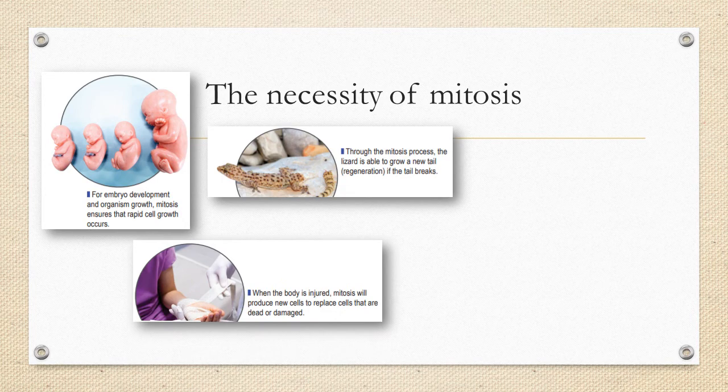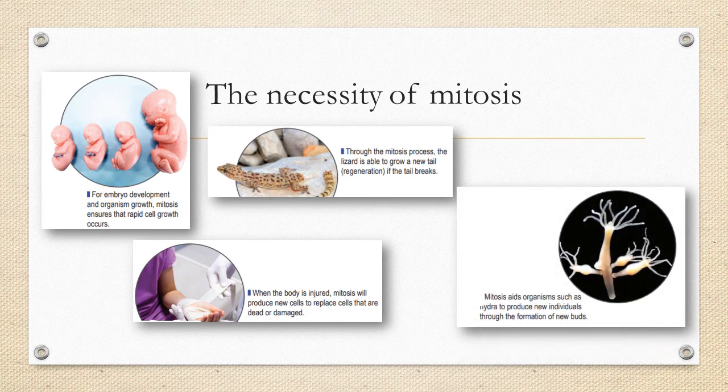Third one, when the body is injured, I'm sure everybody has experienced injury, right? After a few days, your wound is cured. Actually, to cure the injury, your cells have to undergo mitosis to replace cells that have died or been damaged.